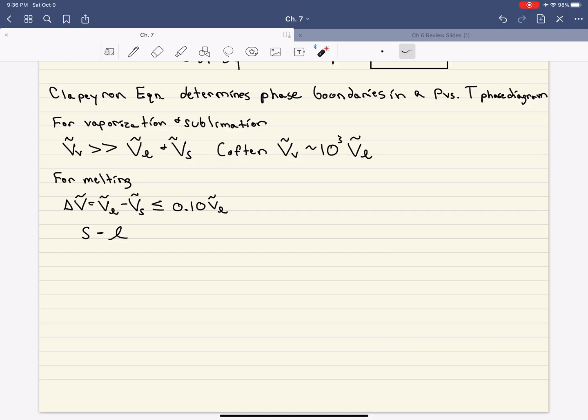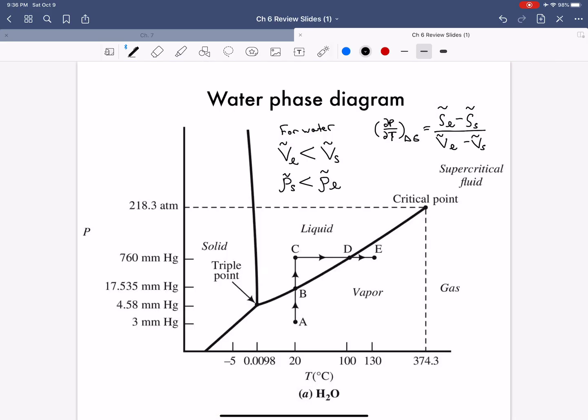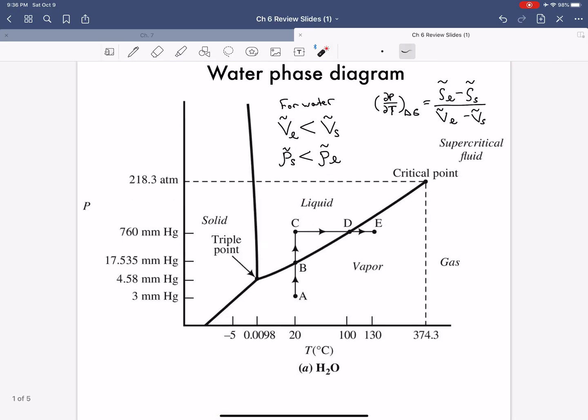And so in general, we see that the solid liquid line is just much steeper than the liquid to vapor or the solid to vapor phase boundary lines. So if we look at water, we see this line's really steep between solid and liquid, while between solid and vapor and liquid and vapor, the line is kind of flat.